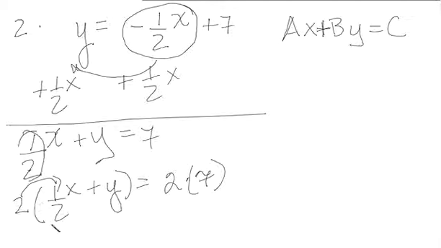What's half of 2? That's 1, and 1 times x is x. 2 times y is plus 2y, and then you get 14. So there it is, nice integers. What are our integers here? 1, a little invisible 1, 2, and 14. So it is now in standard form.